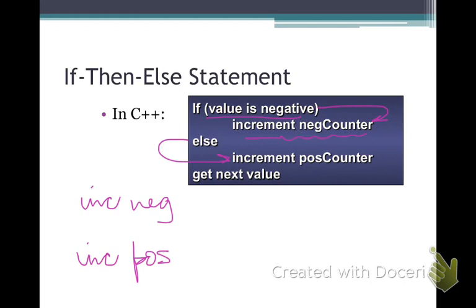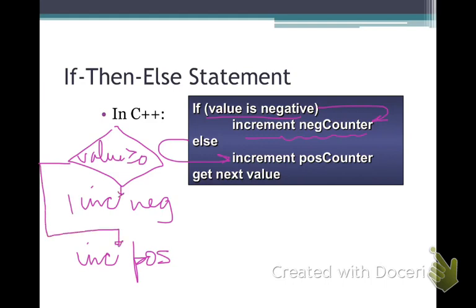Well, I don't want to do that if value is greater than or equal 0. So if value is greater than or equal to 0, then I want to go down here. Otherwise, I'm going to fall into incrementing my negative counter, and then I want to go around that to whatever get next is.